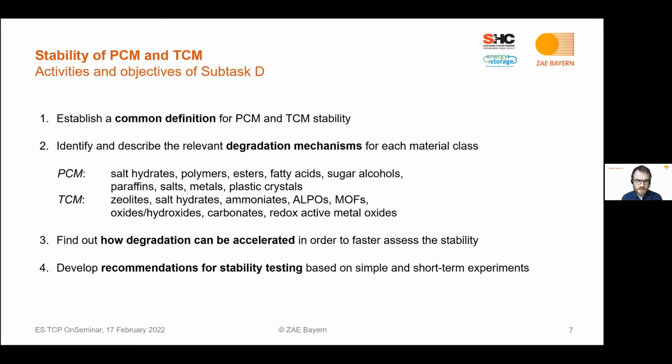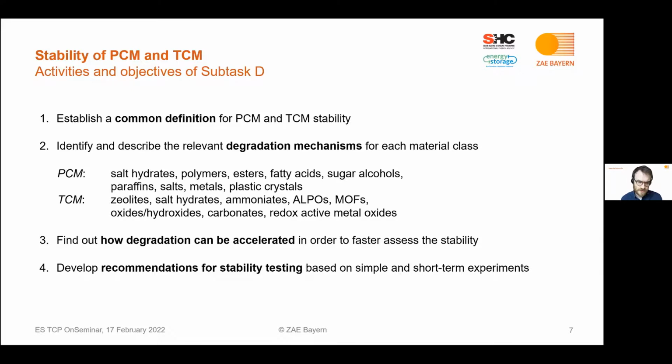The second activity is then to identify and describe the most relevant degradation mechanisms. And this has to be done for each material class separately. So here for PCM and TCM, the material classes are listed that are investigated by the experts of the task group.